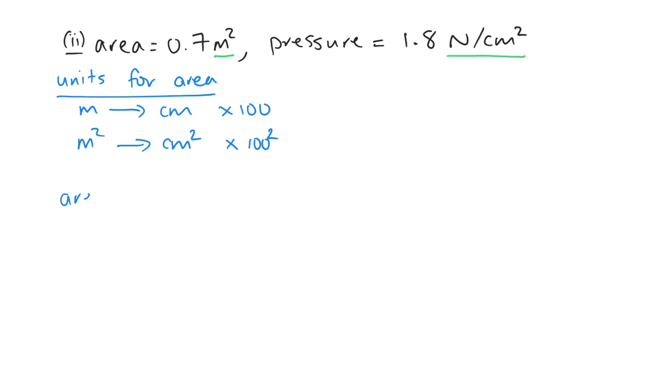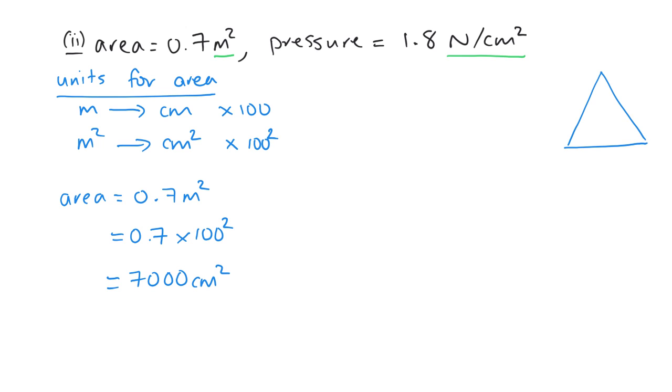So our area is 0.7 meters squared. So to get it into centimeters squared, we do 0.7 times 100 squared. And that turns out to be 7,000 centimeters squared.